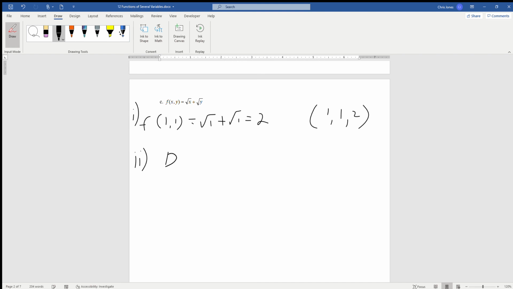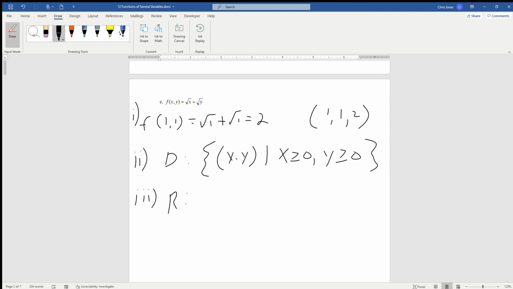The domain for this: we know that for square root functions, x in this case has to be greater than or equal to 0, and y has to be greater than or equal to 0. So we're saying all ordered pairs (x, y) such that x is greater than or equal to 0 and y is greater than or equal to 0. For the range, this is very similar to the problem we saw earlier with the elliptic paraboloid.